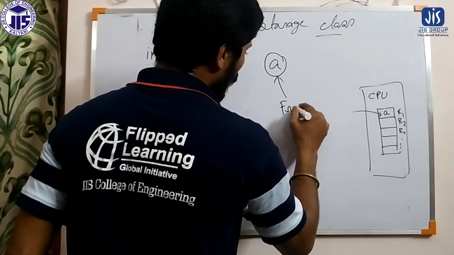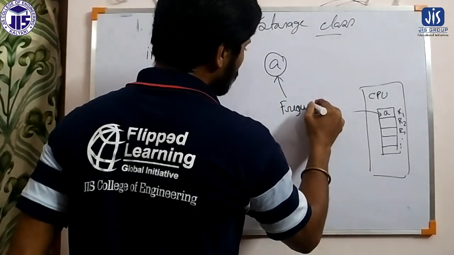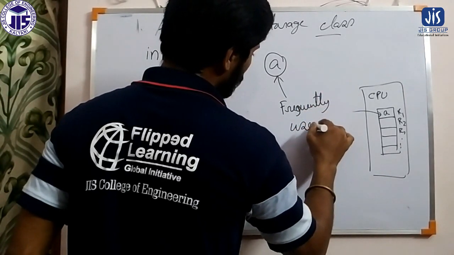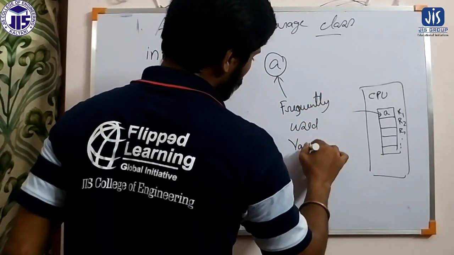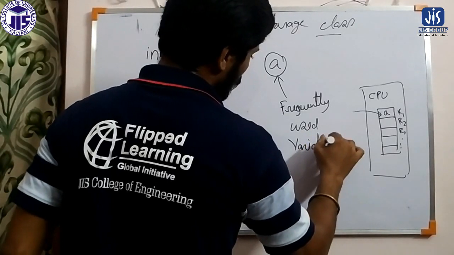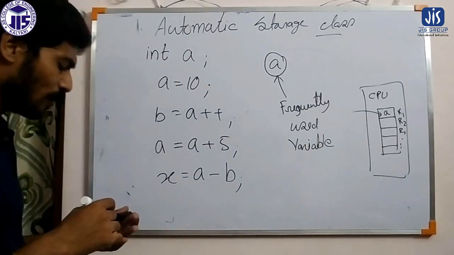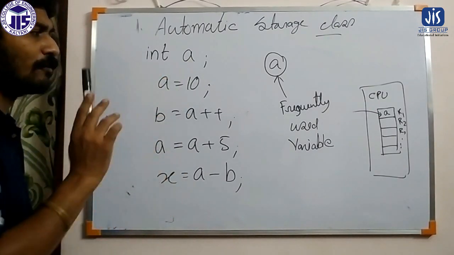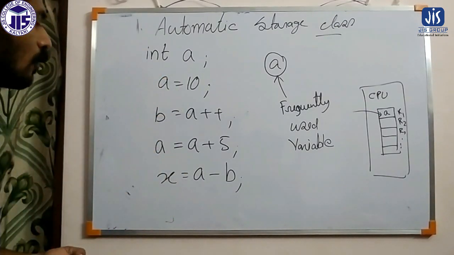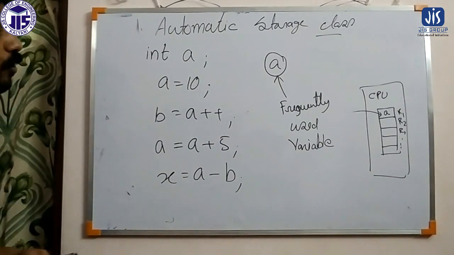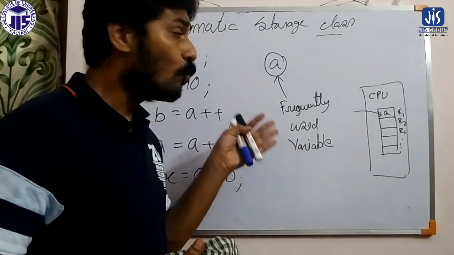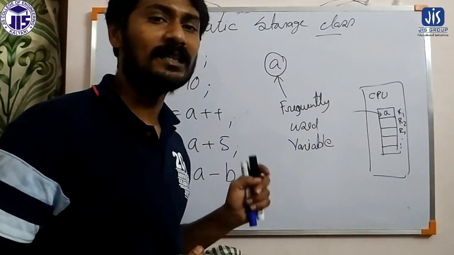So this is a frequently used variable. This is a very frequently used variable, right? Here you can see in every statement we have used this A variable. Now, when we can identify a variable which is very frequently used, we try to store that variable in an internal register.